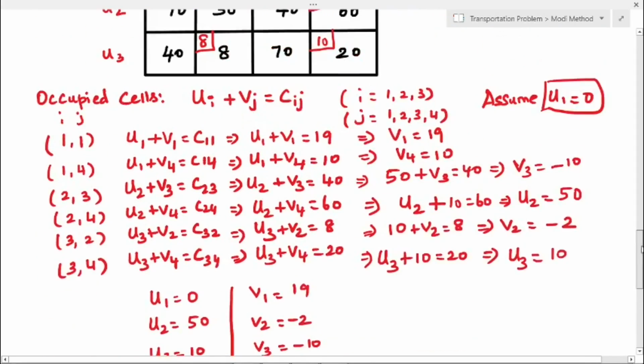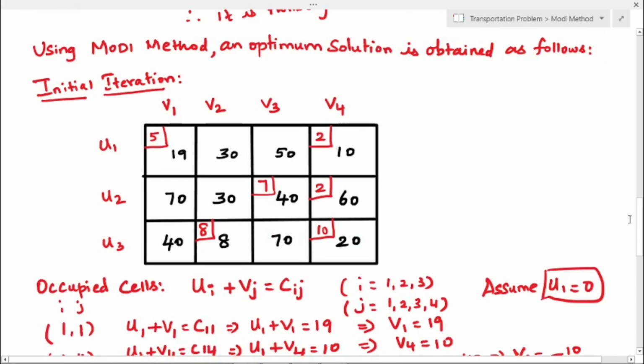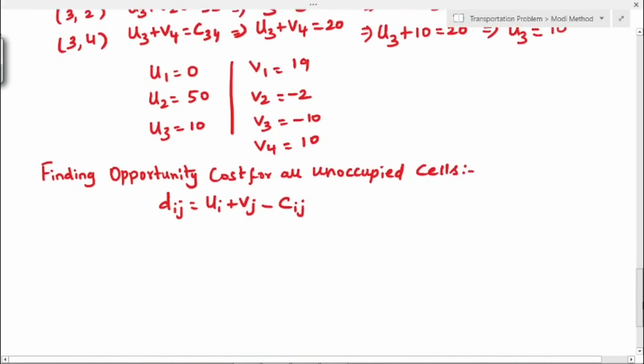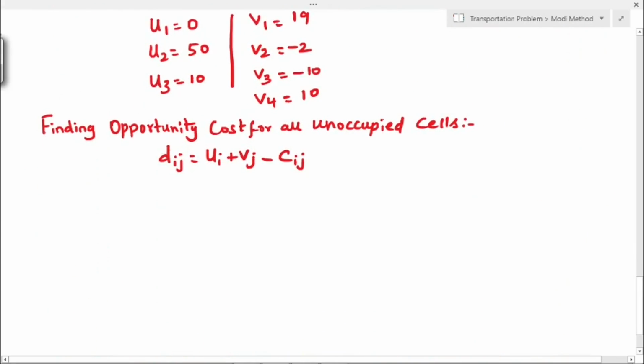In the first row, we don't have allocation in the second column and the third column. So 1,2 and 1,3.